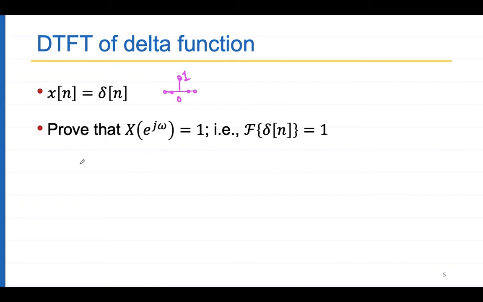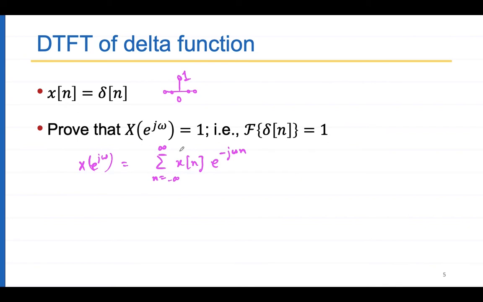Let's compute it. X(e^(jω)) is given by the summation of x[n]e^(-jωn), with n going from minus infinity to plus infinity.